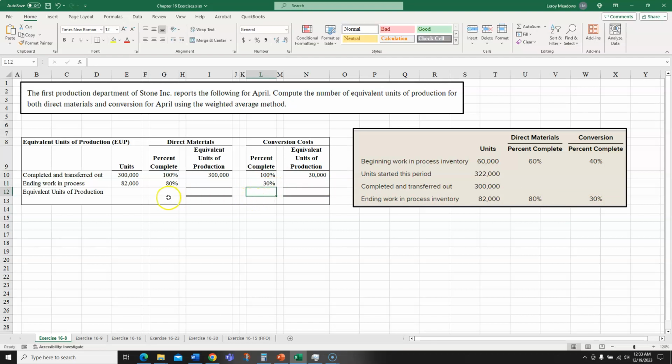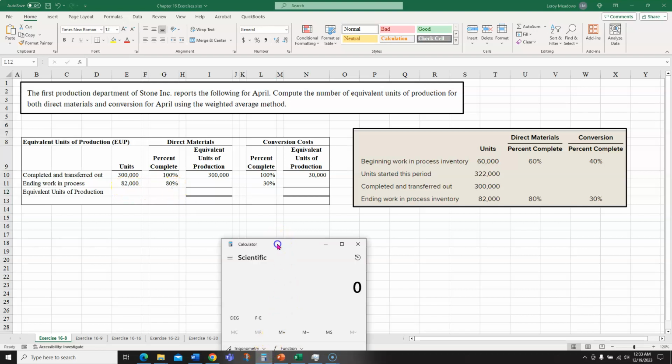So in order to calculate my equivalent units, let's just look at direct materials for a moment. We have 300,000 units that have all the materials. And now I have 82,000 units that have 80% of the materials. So my equivalent units of production for ending work in process is going to be 82,000 times 80%.